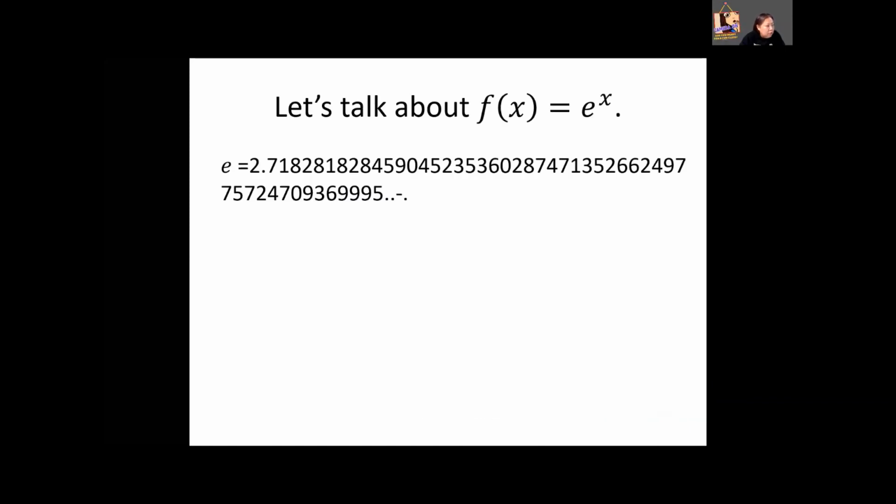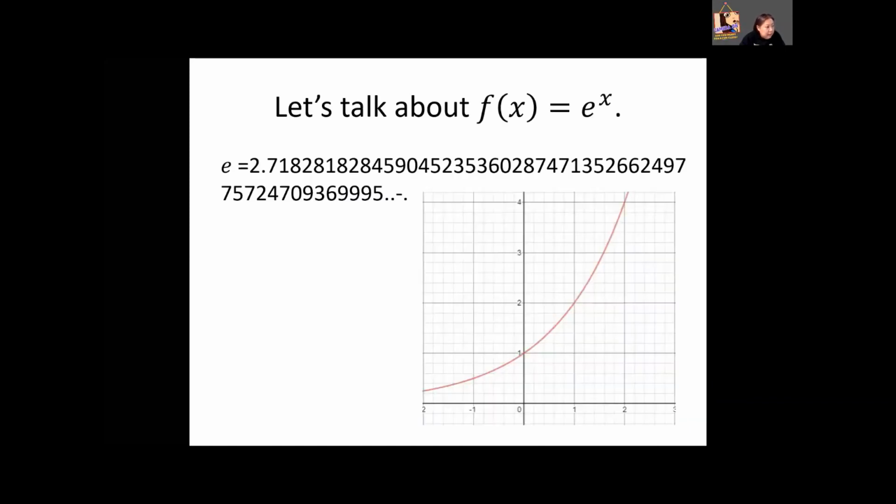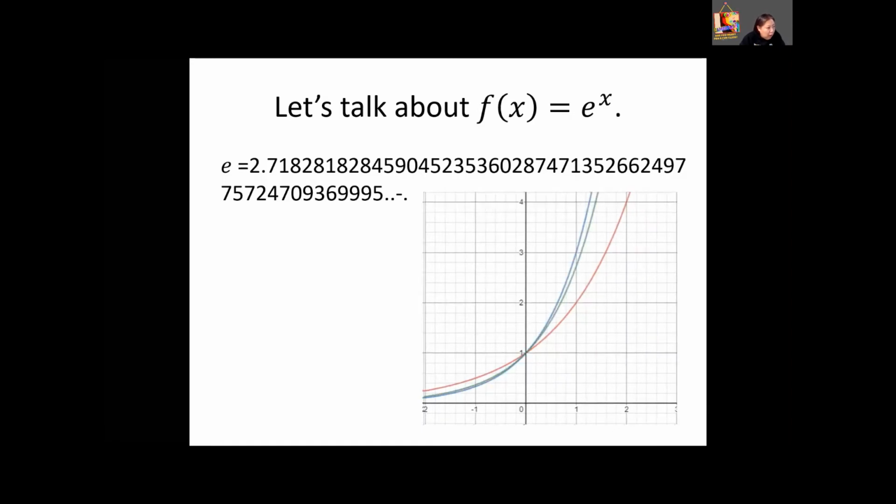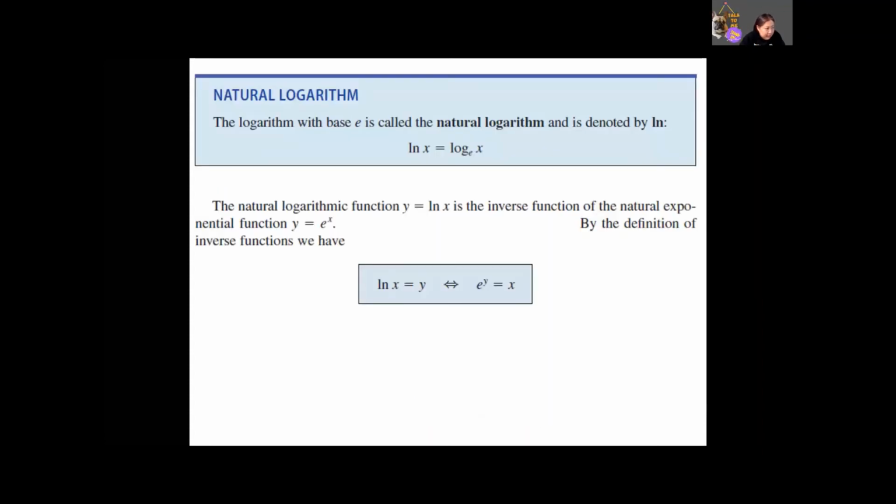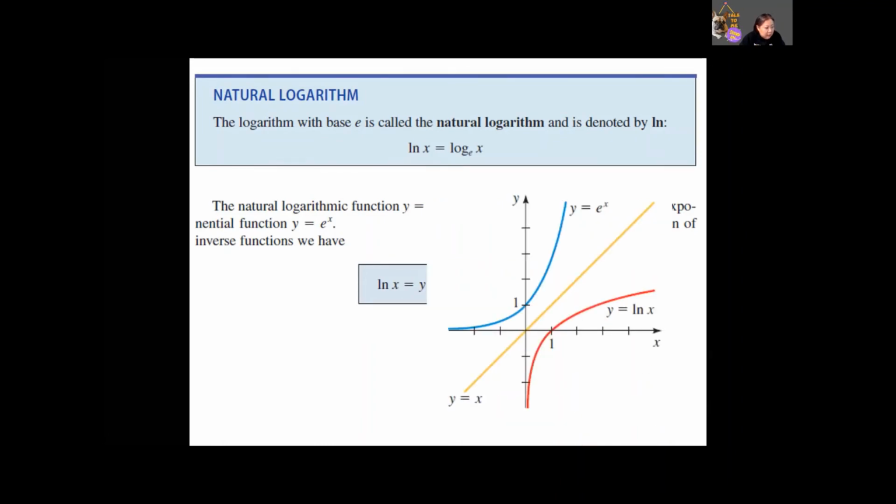Okay. So then the next page is showing base e and its inverse, which is log base e. Another name for this is natural log.